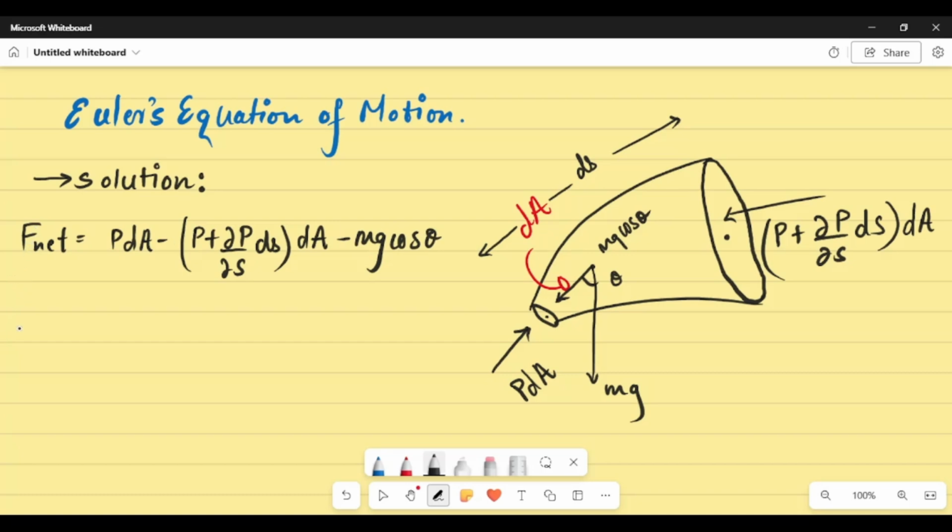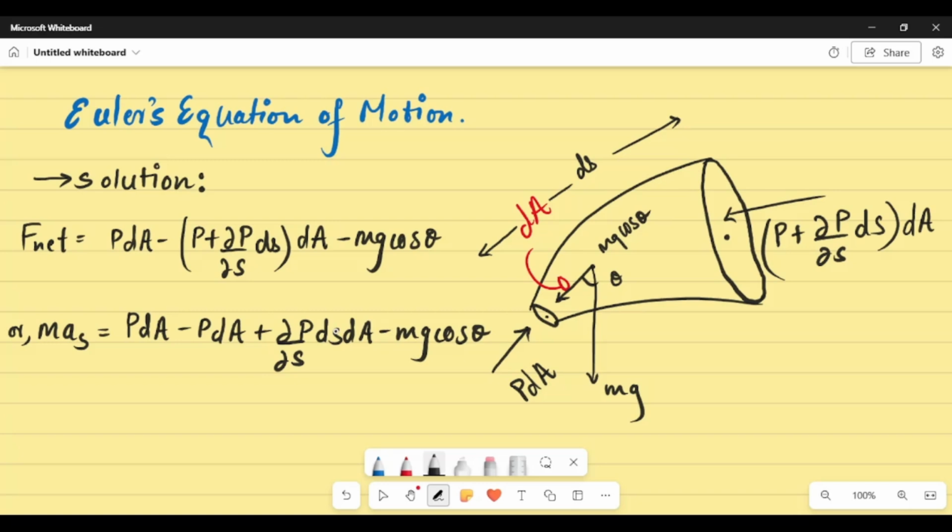So the net force acting on a mass particle is m times a_s equals PdA minus PdA, plus del P by del s ds dA, minus mg cos theta.